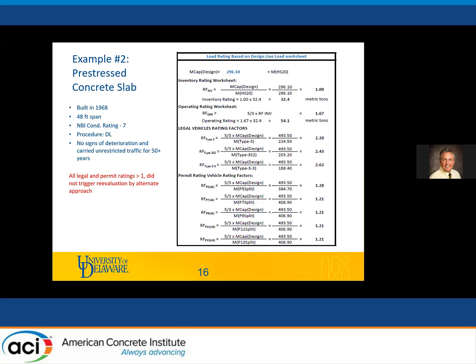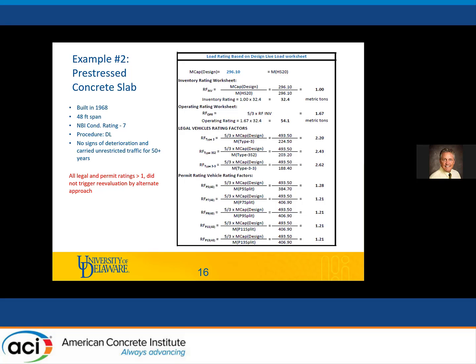First, this pre-stressed concrete slab bridge. This was in California, built in 1968. That sheet that you see there is California's live load worksheet, where they're using the design load rating approach. At the very top of the slide, for the HS20 load, they're basically determining the design capacity minus dead load, and then that is used to determine the rating factors for the legal loads, for the permit vehicles, etc. If a bridge was built in, say, the 20s, and it was designed to, say, an H10 vehicle, that capacity is going to be much lower.